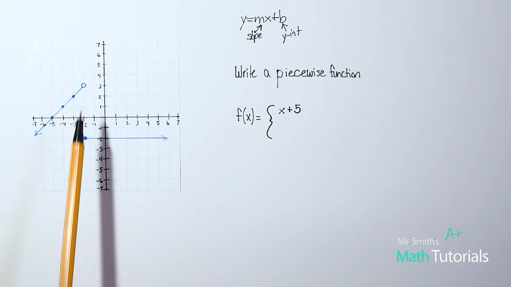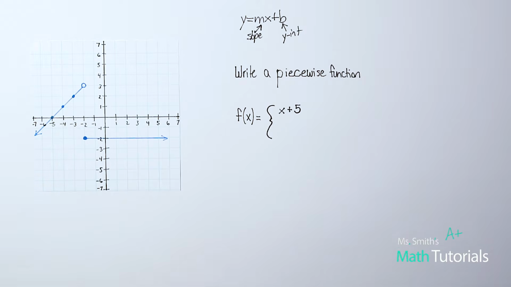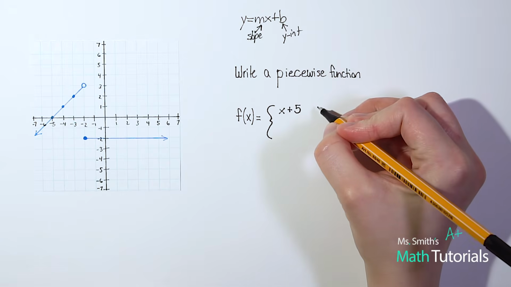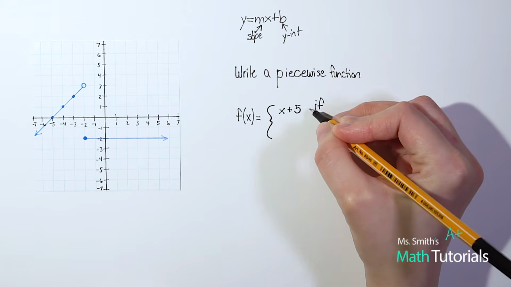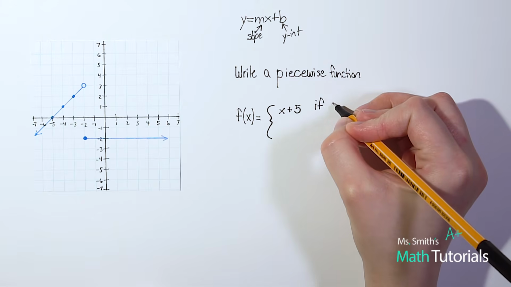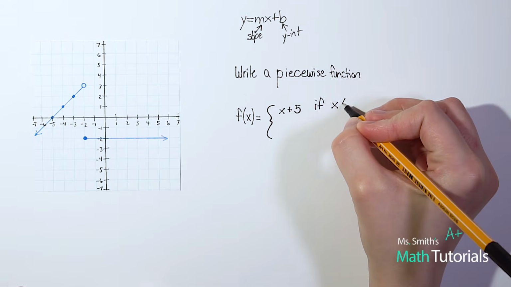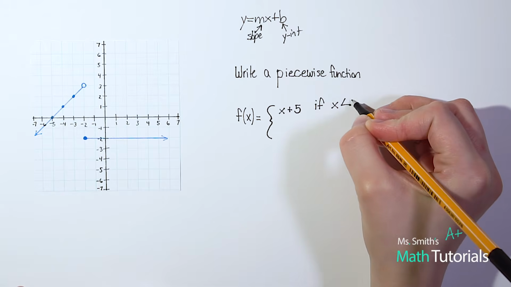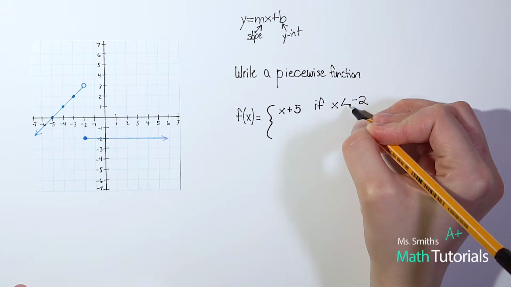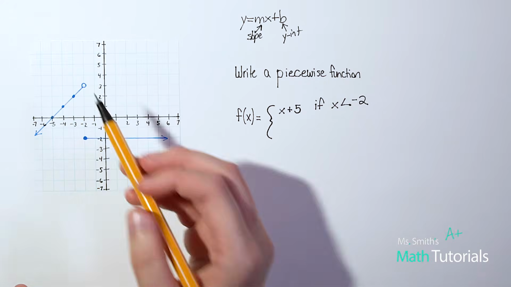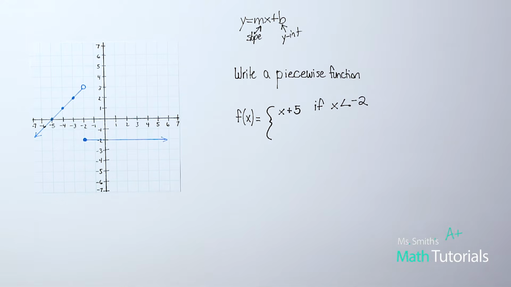No, because we've got that open circle there. So that tells me that, so we'll add our little if statement, x plus 5, if x is less than -2. It's not going to be less than or equal to, again, because we got an open circle there. So there's my first line.